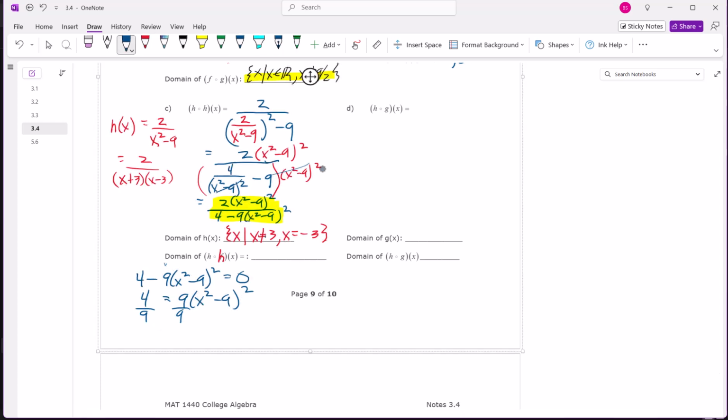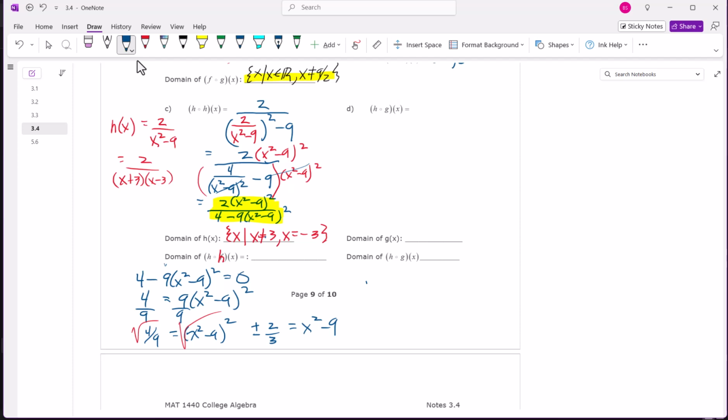So that will give 4/9 equals x squared minus 9 to the second. Then if I do the square root of both sides, I'm going to have plus or minus 2/3 equals x squared minus 9. Okay, this one's getting weird.